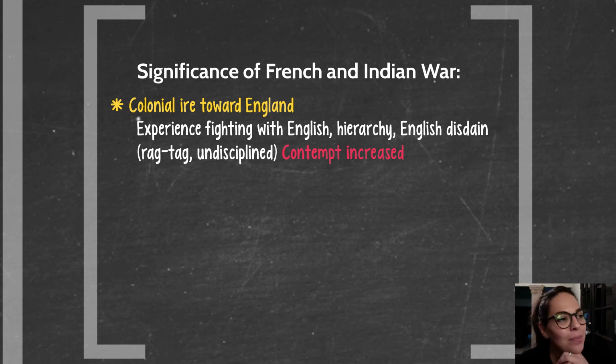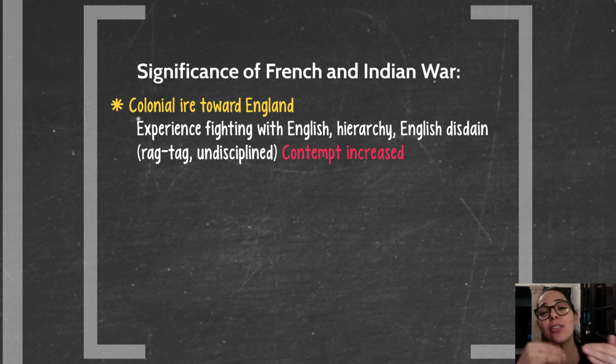And they get treated pretty badly. The British are condescending, even though they're on the same side, right? They're both British. Both sides are British. But they fear that these British guys don't respect them, that they don't see them as the men that they see themselves as.